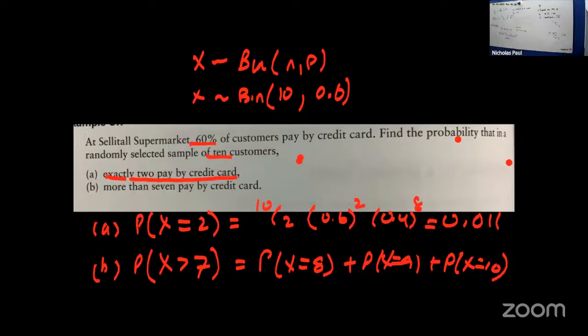Got the next one, tell me what you got. How much did you get? Alright, accurate, 0.17. Nice.